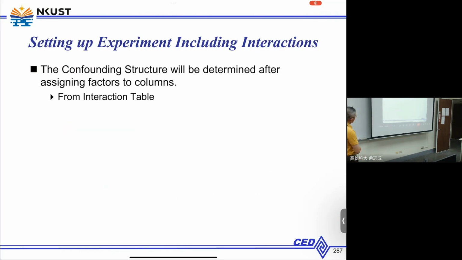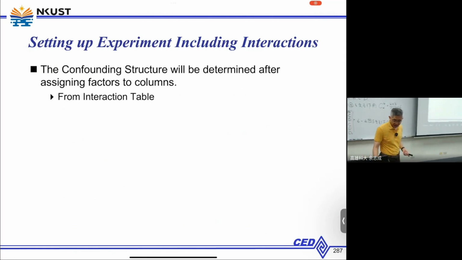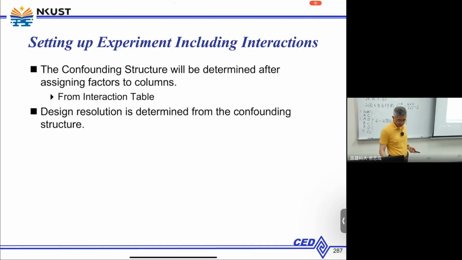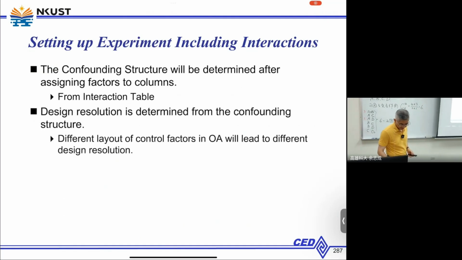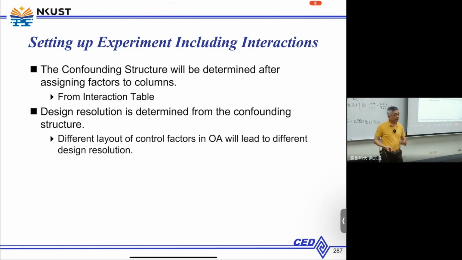So if you want to arrange your factors to the orthogonal array, you must first know the confounding structure. And then you can arrange your factors to certain columns, and you can see which interaction can be analyzed and which cannot, right? So how do you get the confounding structure? You can use the interaction table, just like what we did. So the design resolution can be determined from the confounding structure. You first need to analyze the confounding structure.